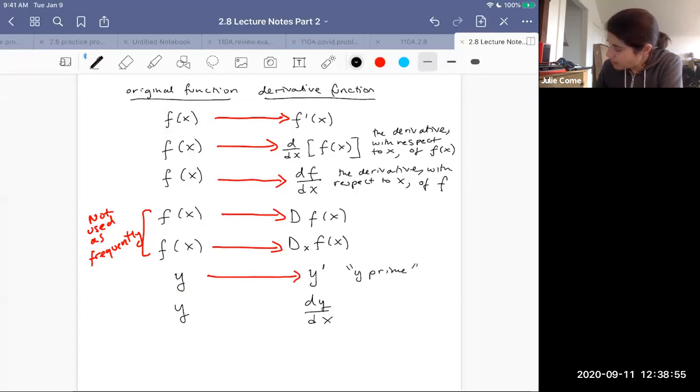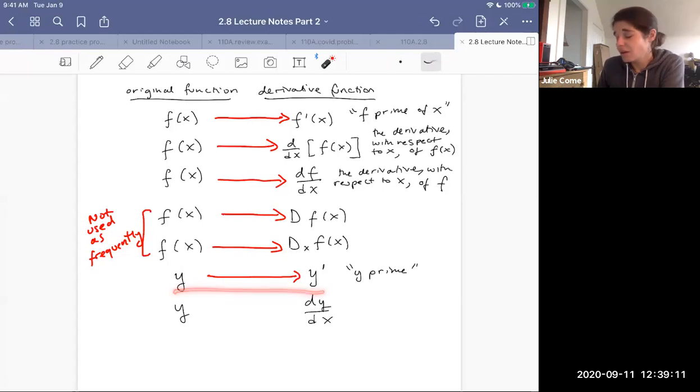That's the same thing as we say up here, f prime of x. It's the same corresponding notation, but instead of f of x and f prime, we're using y and y prime. People often really like this notation because it's really efficient.